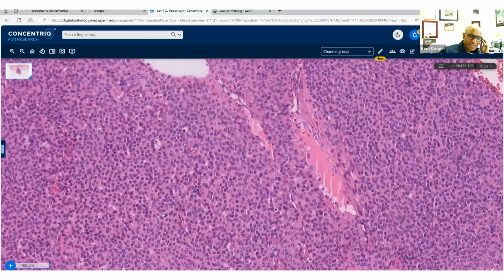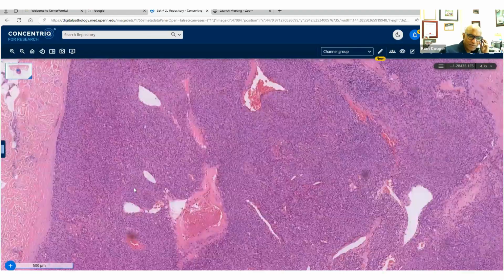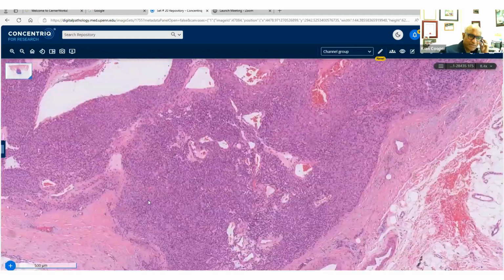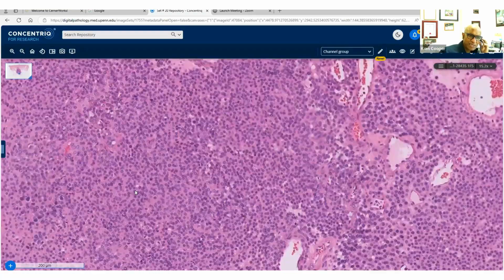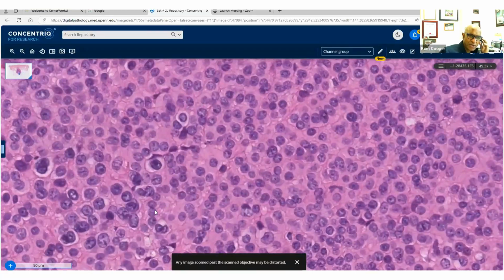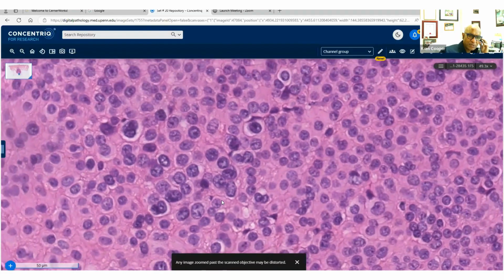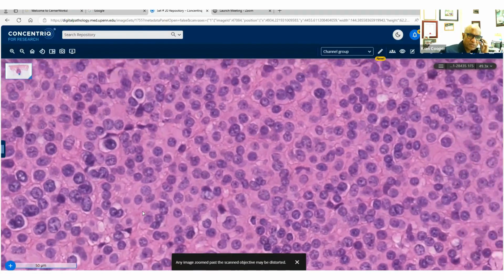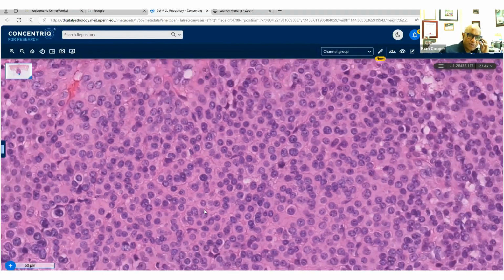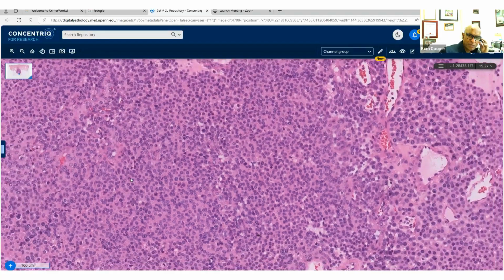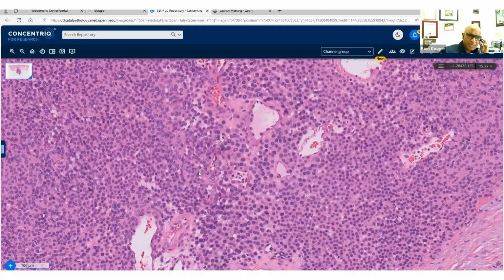The reason is that if you look around, and I'm trying to find areas, there is some evidence of atypia. Here I'm showing you these areas where the nuclei look larger. There's some coarse chromatin, and you can also see they're hyperchromatic. So when you drive around, you do see these areas. There's a few mitotic figures. There's no necrosis. The tumor is well circumscribed, and there's no infiltration.